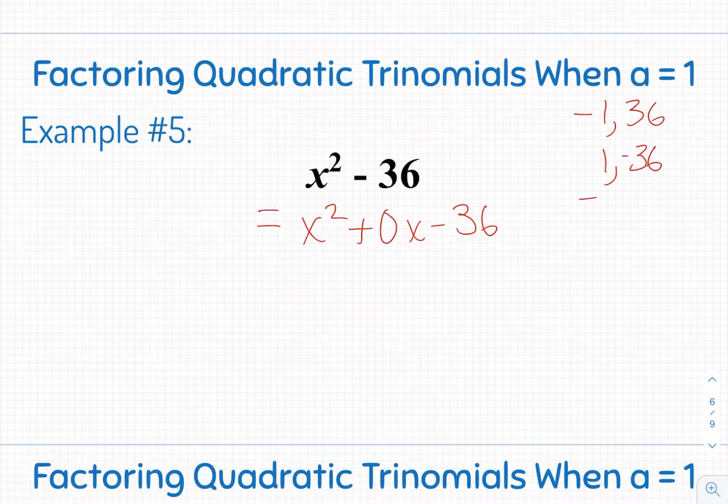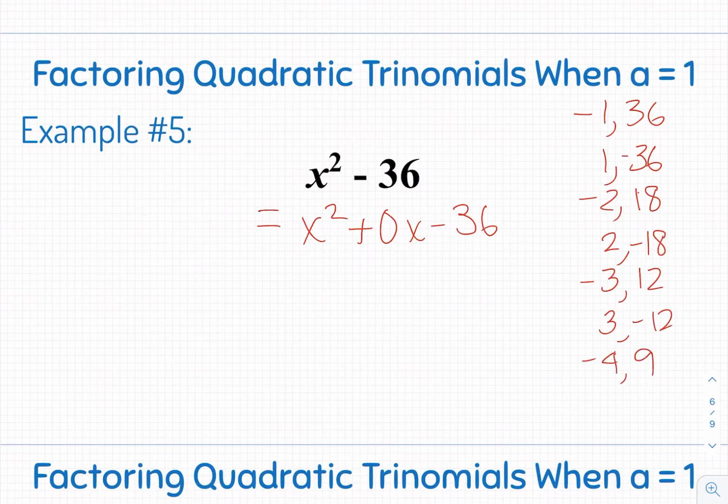Just going through this list in my head, I divide by 1, then I divide by 2, divide by 3, by 4, 5 doesn't go in there, but 6 does.